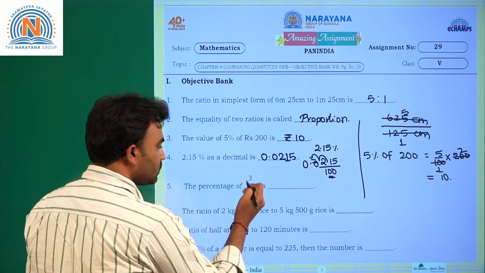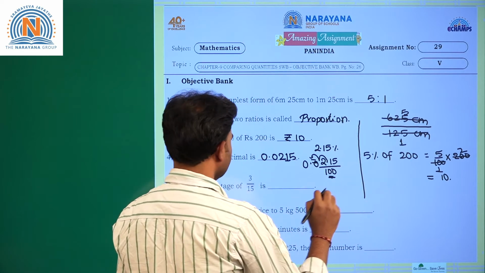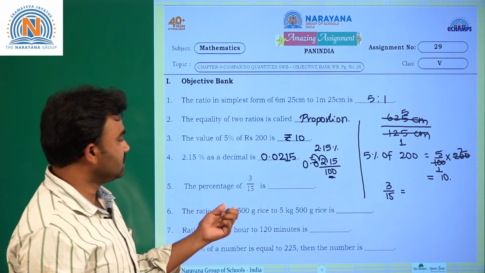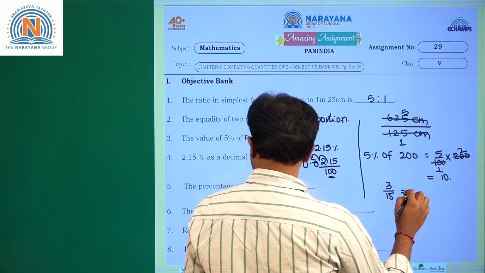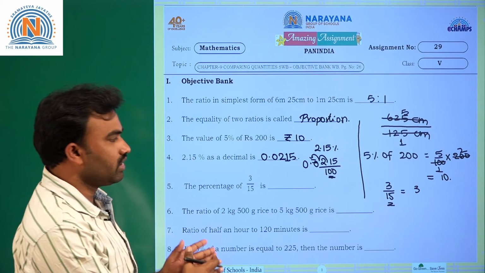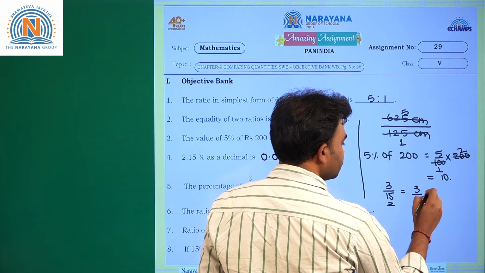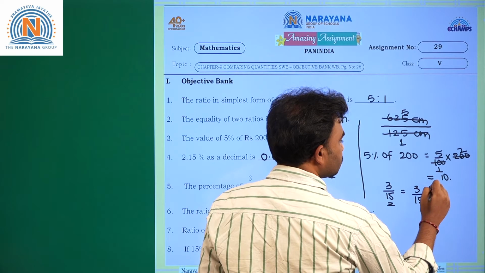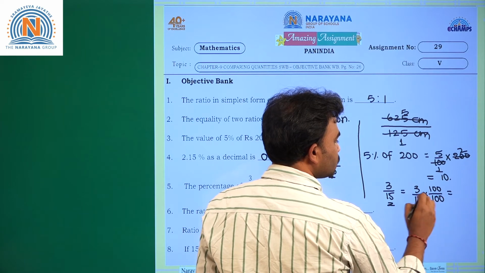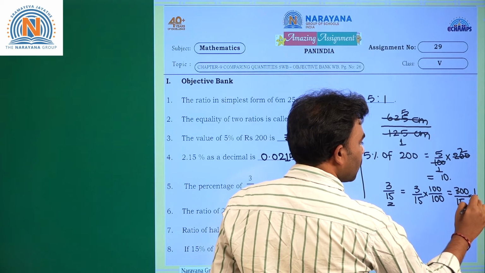Next, the percentage of 3 by 15. First we have to make the denominator 100. 3 by 15 into 100 by 100 equals 300 by 15 into 1 by 100.